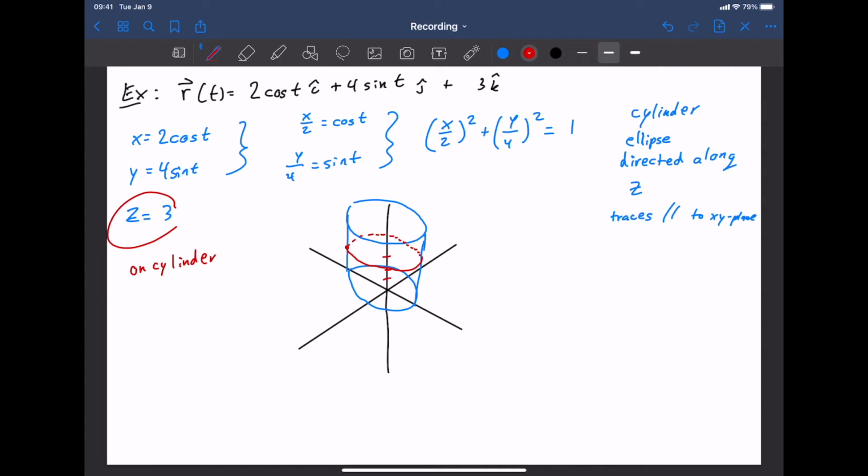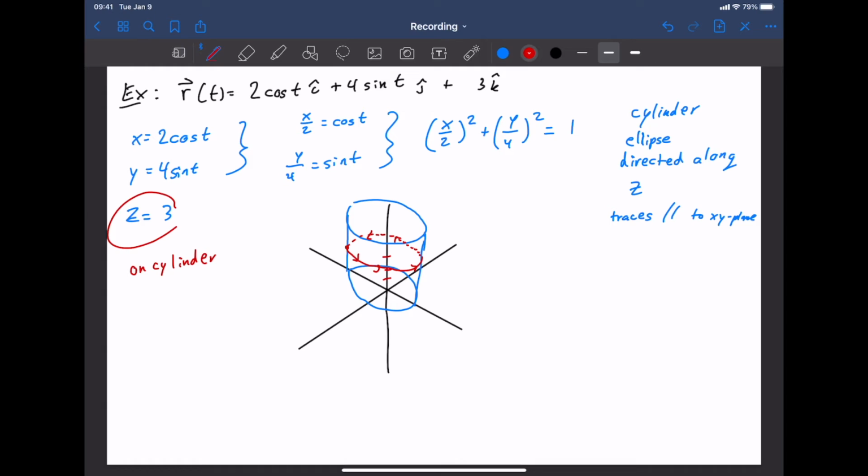And that's what we would have here. We would have a floating ellipse in 3 space. How do I know that's the orientation? Because when x is cosine and y is sine, this is the standard orientation in the counterclockwise direction. Why is it floating at a z coordinate of 3? Because that's what was given to us in the equations.